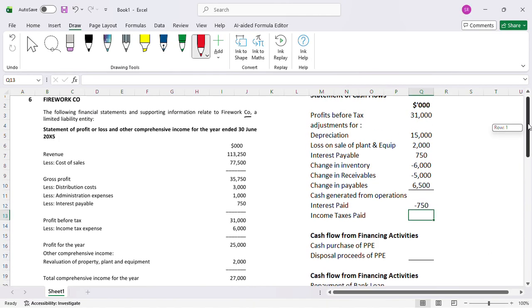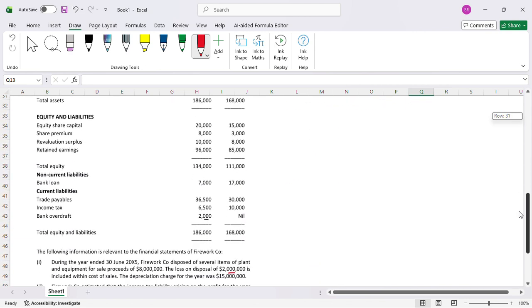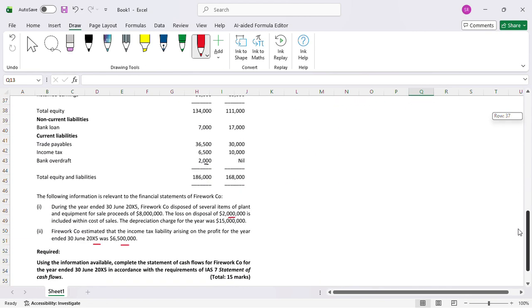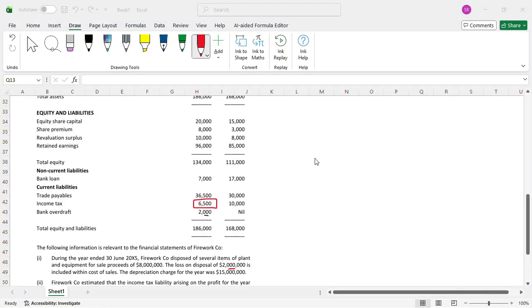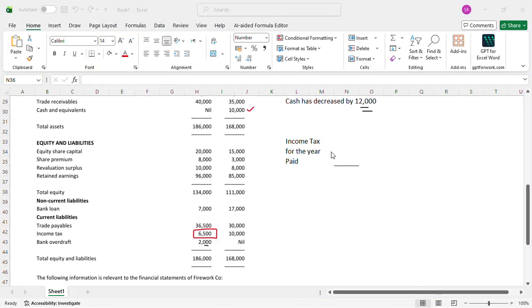So we have an income tax expense here of 6 million, and we are told the income tax liability arising on the profit for the year was 6.5 million. That means we need to do a little bit of working for income taxes.